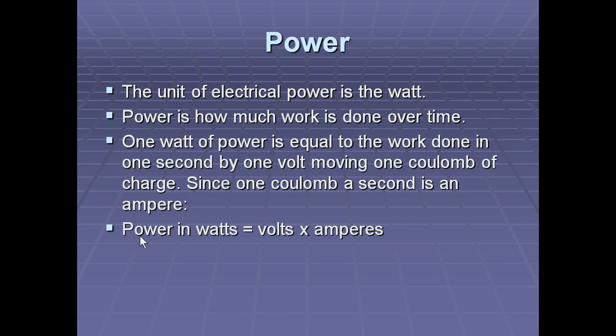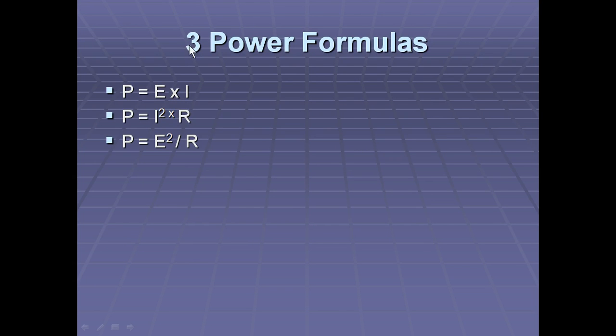I need to re-emphasize that power is volts times amperes. P is equal to E times I, and there are 3 power formulas: P is equal to E times I, P is equal to I squared R, P is equal to E squared over R. You put in your Ohm's law here and you will get all these 3.